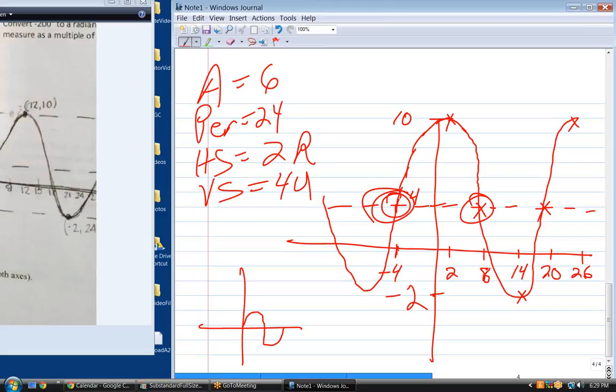Okay? Right. If that's -4 and I wanted to write this as a sine function, everything else is exactly the same. The amplitude is still 6, but if I'm using a sine function, the period is still 24. But instead of -2, I'm moving 4 to the right.